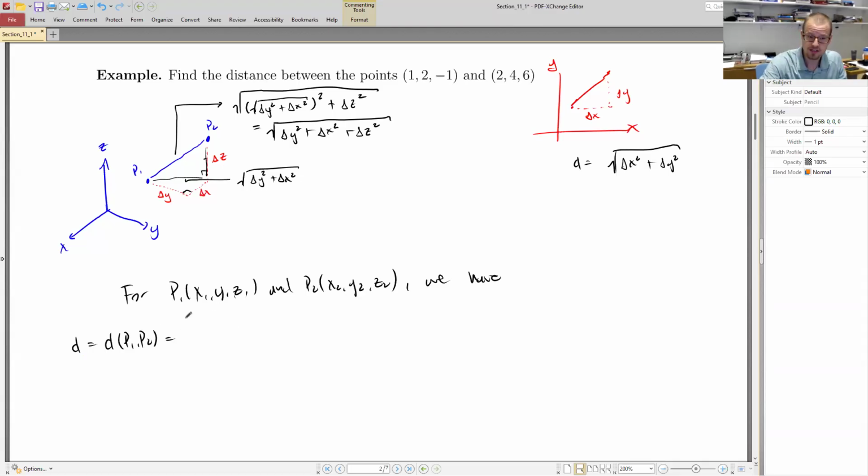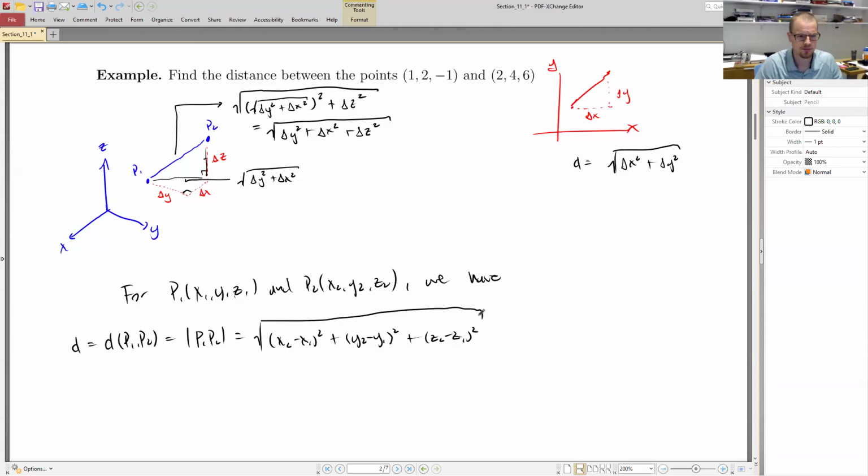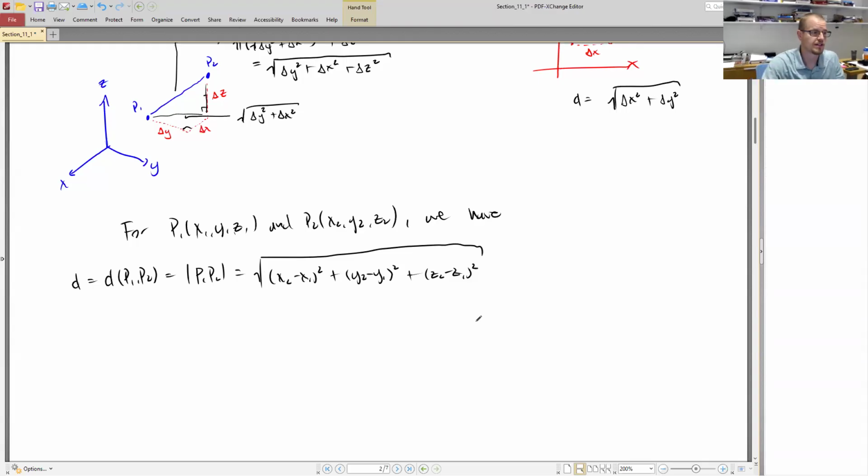In the text, some textbooks give it as absolute value P1 P2. These are all notations for distance. And the computation itself is given as x2 minus x1 squared plus y2 minus y1 squared plus z2 minus z1 squared. There we are, and that gives us a distance formula. Nothing too surprising there.